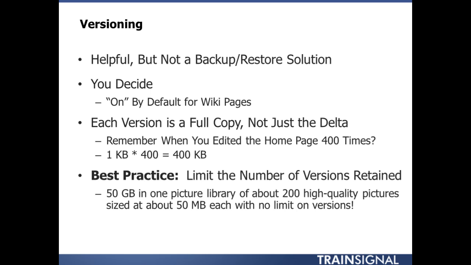Now, to put this in perspective, let's imagine that you have a simple text file that's 1 kilobyte in size, and that size remains constant. Let's also assume that you have that file stored in a document library in which versioning is turned on, and if over time that text file is edited 100 times, then you end up with 100 files that are 1 kilobyte in size each, and therefore the file that was originally taking up only 1 kilobyte of space is now taking up 100 kilobytes of space.